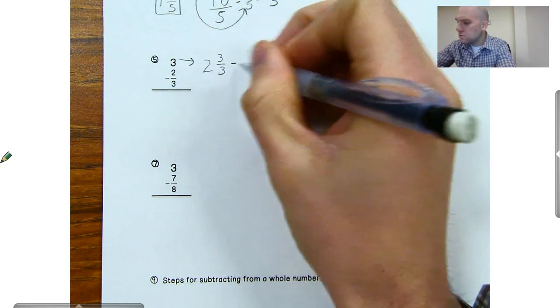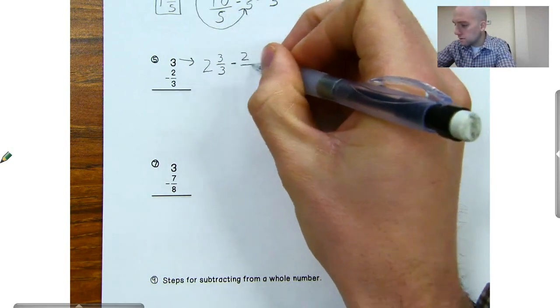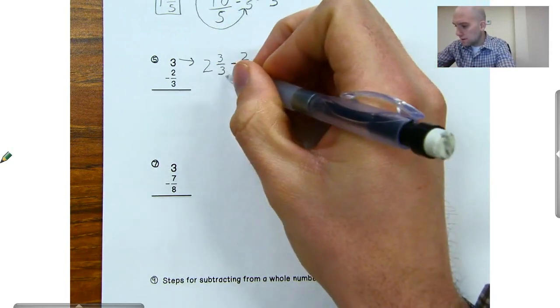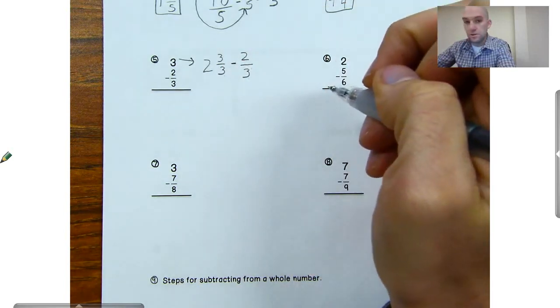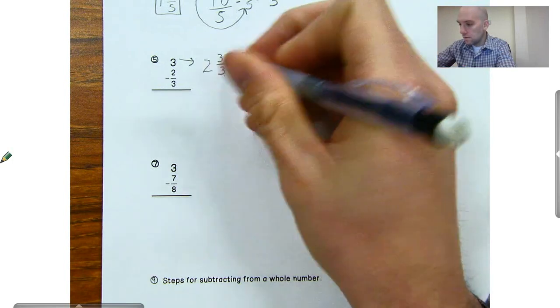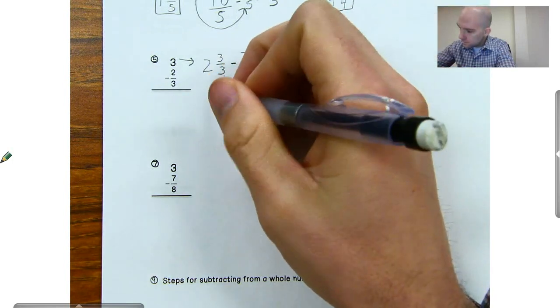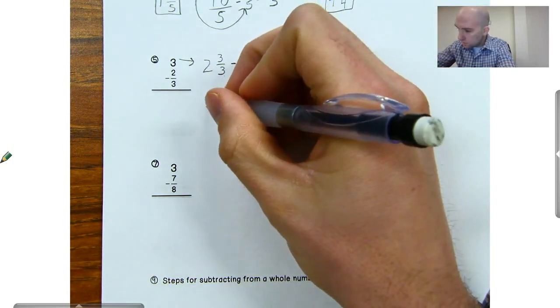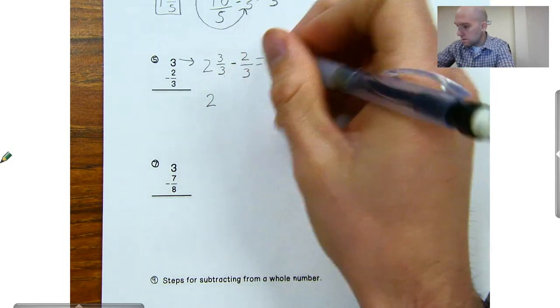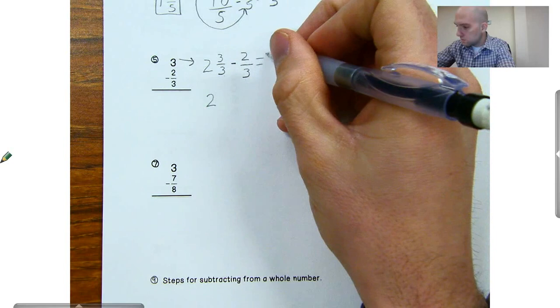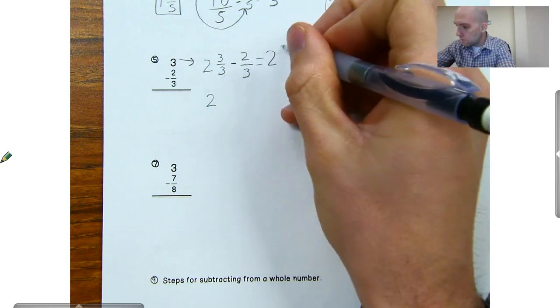And then let's say we subtract 2/3. We'll just subtract our fractions. Well, 3/3 minus 2/3 is 1/3. And then we leave our 2. And this is going to give us 2 and 1/3.